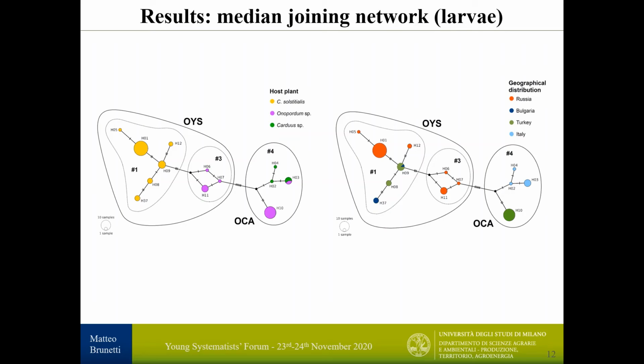As an example, we can see that haplotypes colored in red in the right side network, so those collected in Russia, are split in two groups that correspond to group 1 and 3 that are determined by the ecology.